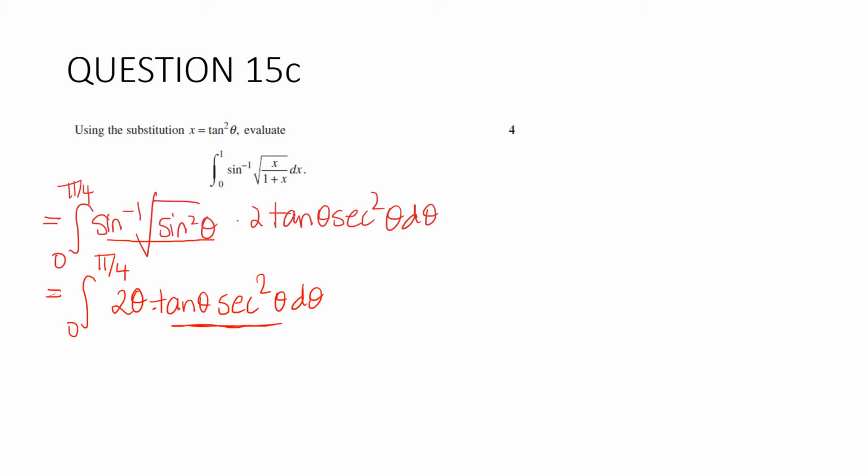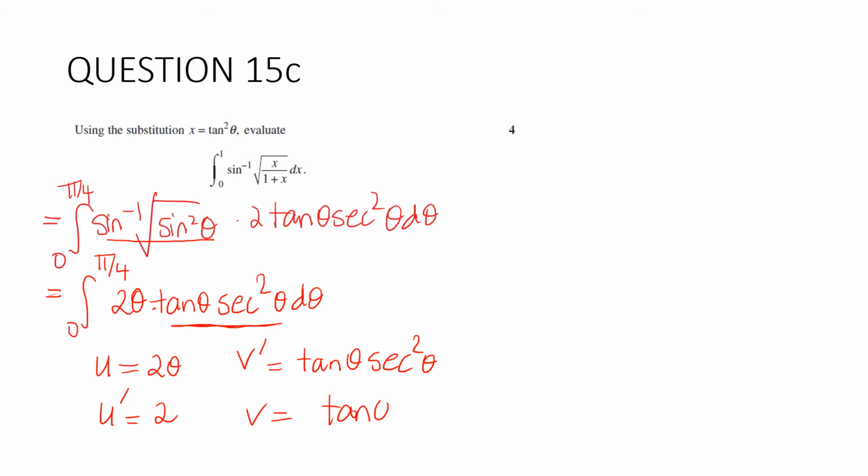So I'm going to use integration by parts and say let u equal 2 theta, because when I differentiate that I'm going to lose the theta. And then I'm going to say v dashed is equal to tan theta sec squared theta, and the primitive function is going to be tan theta all squared on 2.